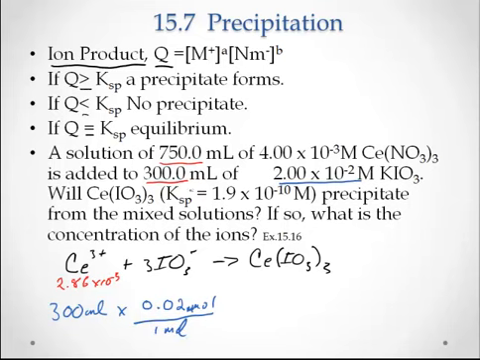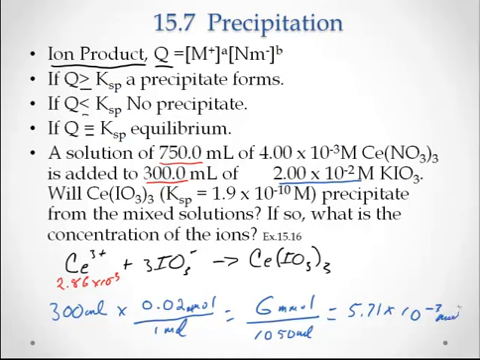Taking those two, that gives me 6 millimoles, divided by 1,050 milliliters, and that's going to give me a concentration of 5.71 times 10 to the minus third molar. So I've got 5.71 times 10 to the minus third molar right there. Now we're ready for the next step.